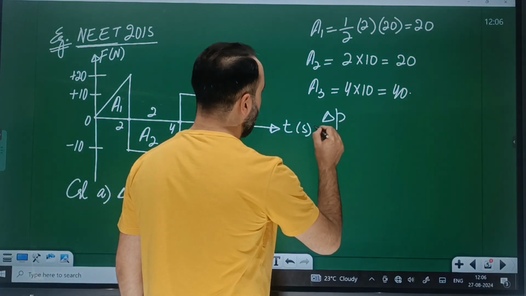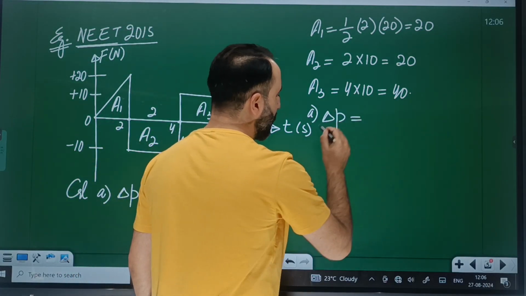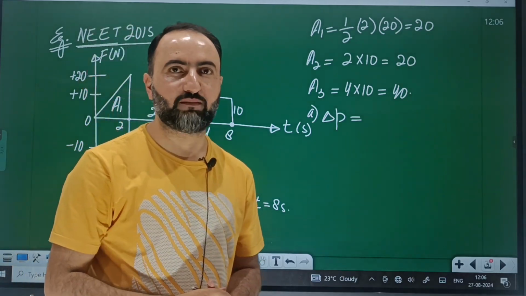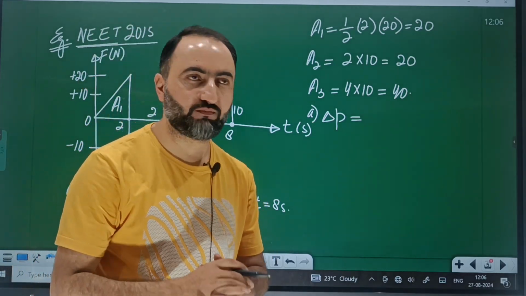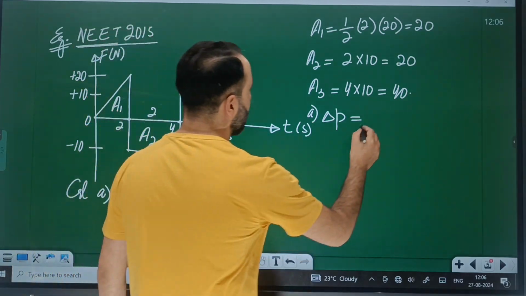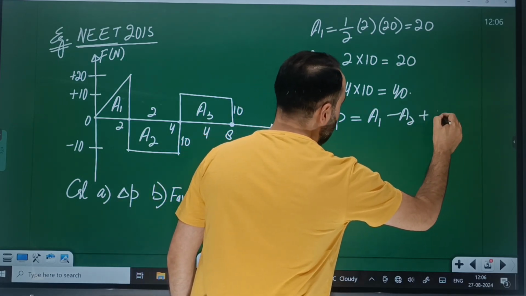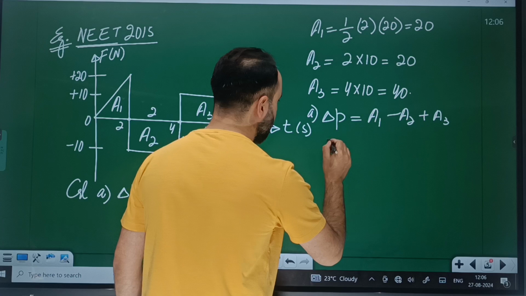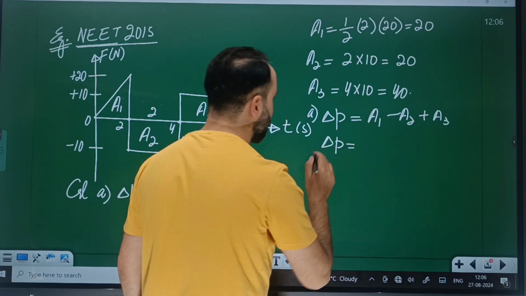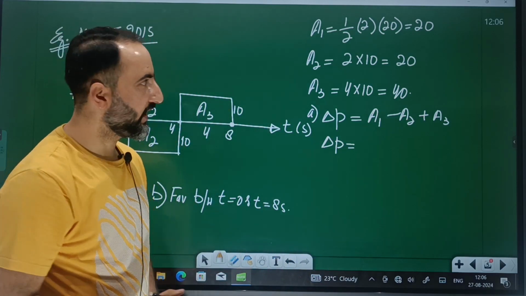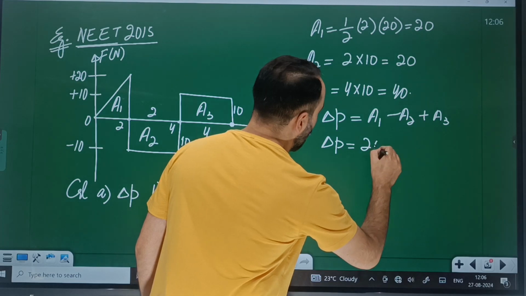The delta P will be equal to, take that area positive which is above the time axis, and that area negative which is below the time axis. So what will this be equal to, beta? It will be equal to A1 minus A2 plus A3. Right, beta? So look, concentrate here. Tell me, what is A1 equal to? That's equal to 20. What about A2?